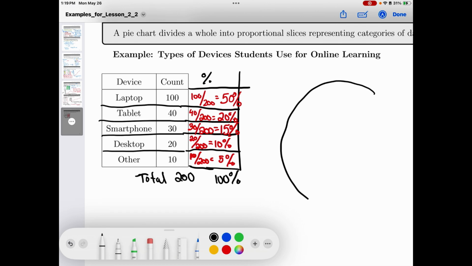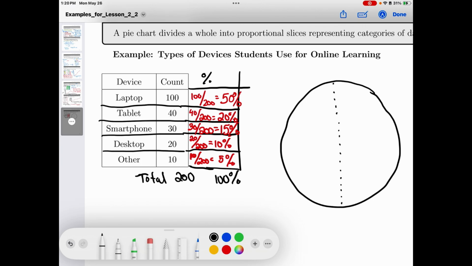Now, to create the pie chart, we're just going to start with the circle. I'm going to do this by hand, but if you have a protractor or a way to measure your angles, that would make it even more accurate. But I'm just going to eyeball it. Now, what I like to do is split my pie chart into 10% slices.